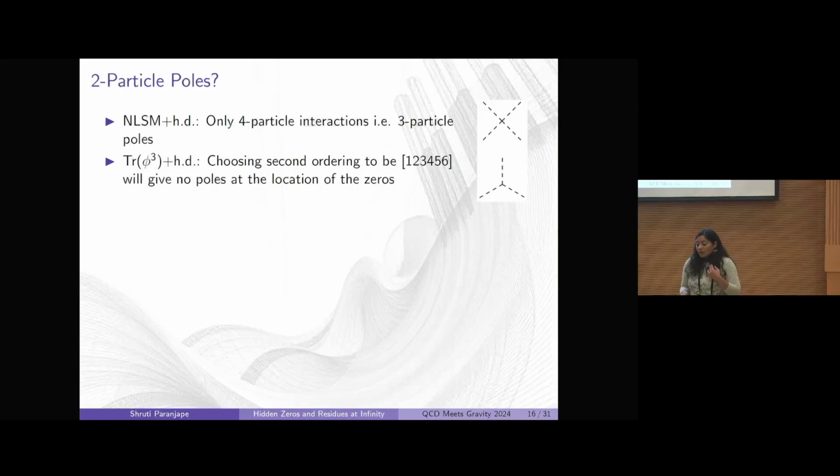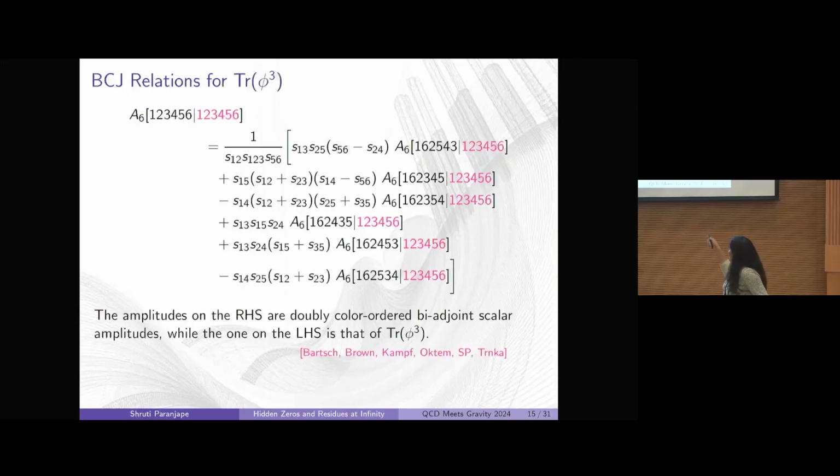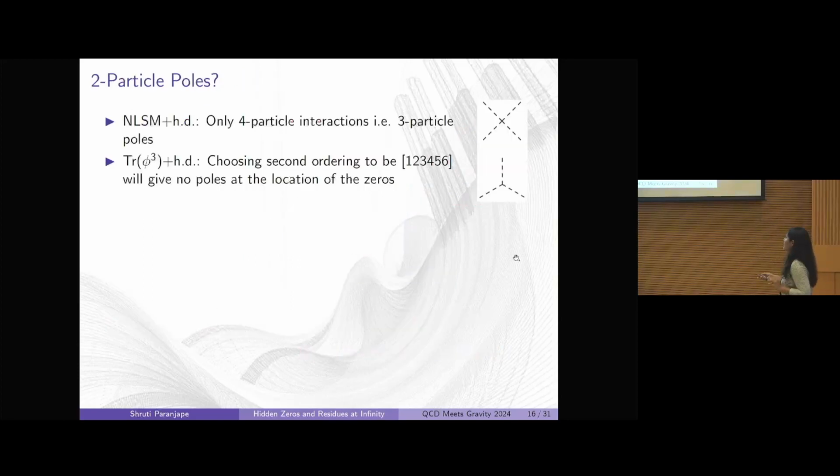Okay, so what is happening to these 2 particle poles? What is happening is that in the nonlinear sigma model, there are no 2 particle poles, so you're safe. In trace phi cubed, none of these amplitudes, because of the orderings, none of these have poles at the locations which would be problematic.